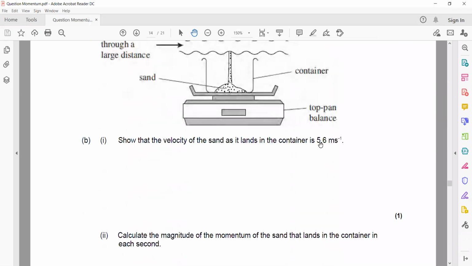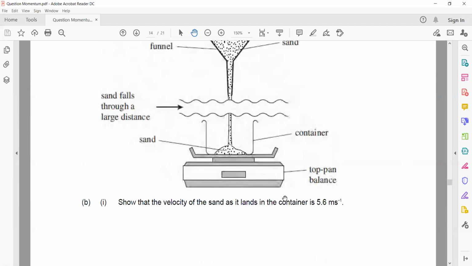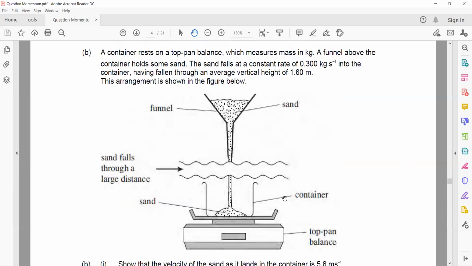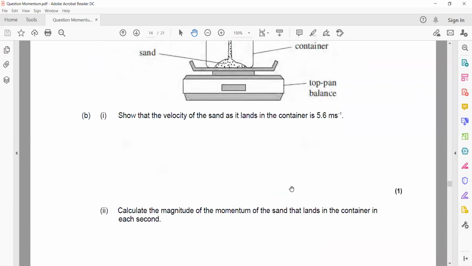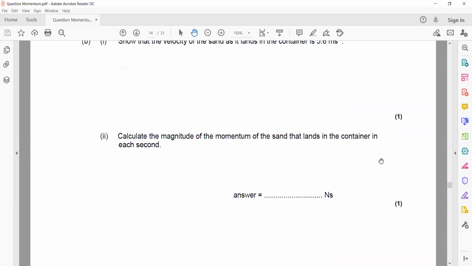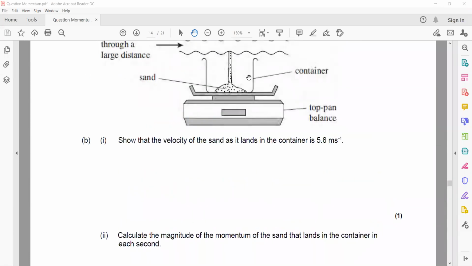What's the answer? That is 1.68. Because the sand particles are moving and they stop.